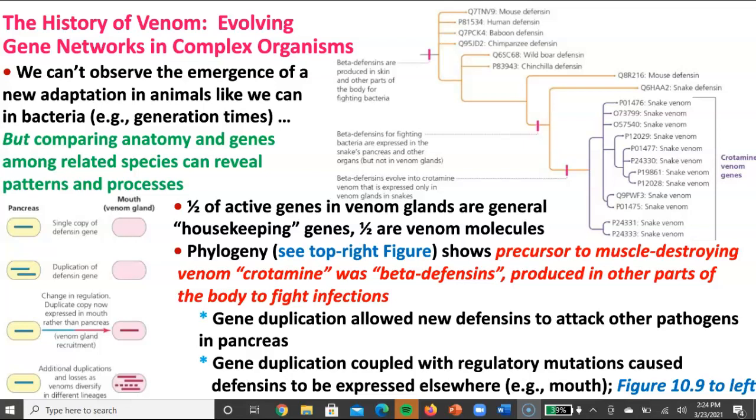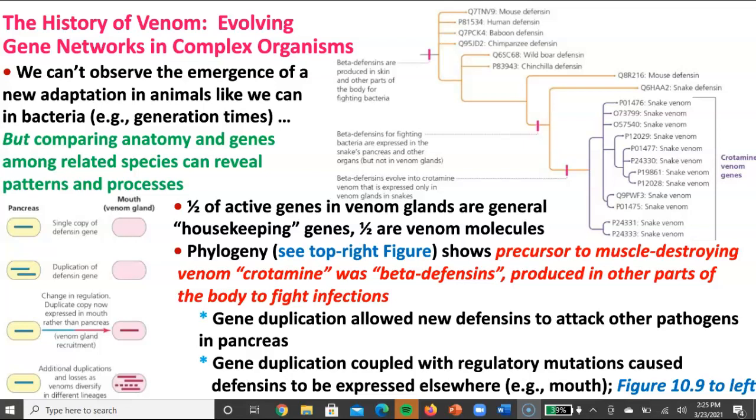In snakes, the beta defensins started to be expressed in the snake's pancreas. Then there was gene duplication, and that duplication, originally expressed in the pancreas, began to be, through a change in regulation, expressed in the mouth, the venom gland.